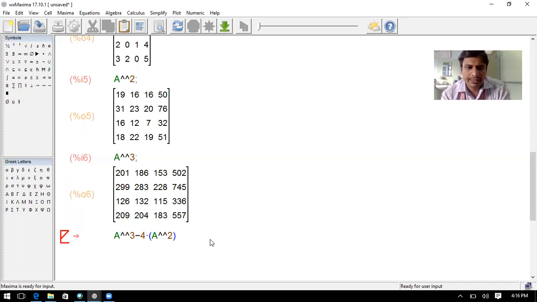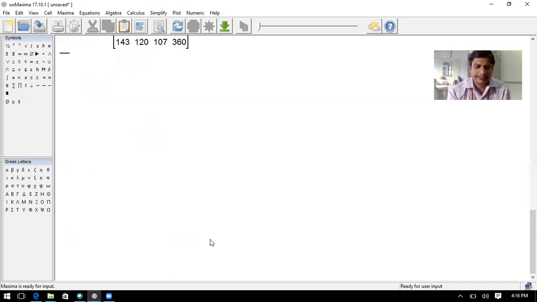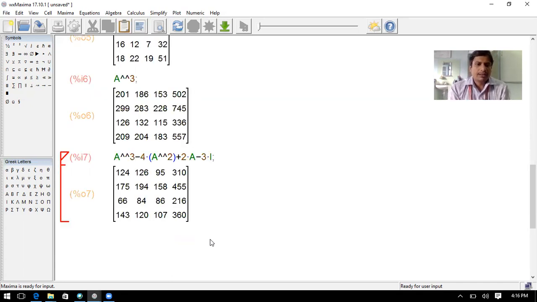Then plus 2A, that is 2 star of A, then minus 3I, that is minus 3 star of I, then semicolon, then shift enter. This is the last equation, A cube minus 4A square plus 2A minus 3I.